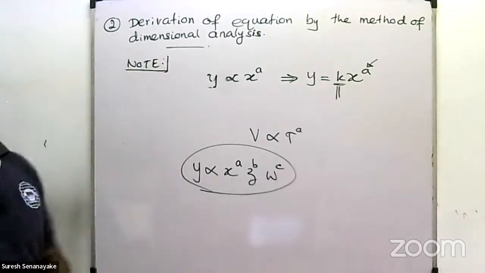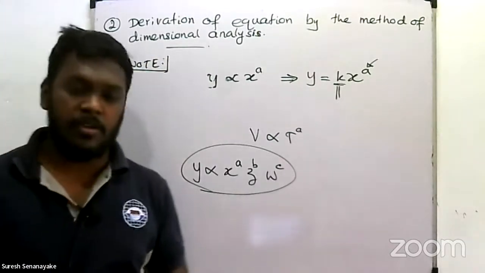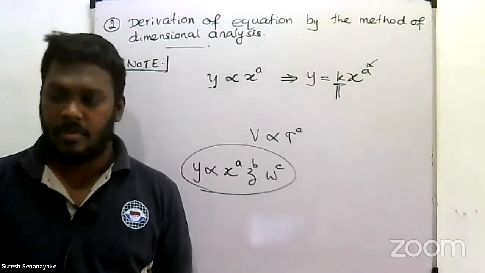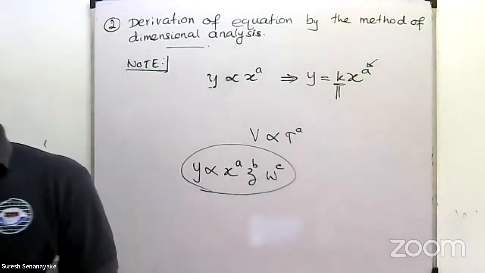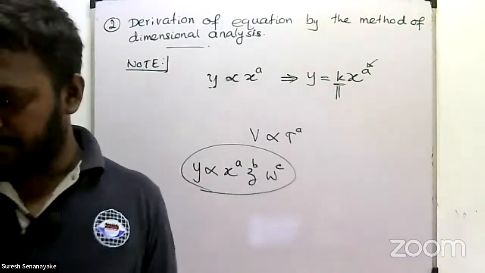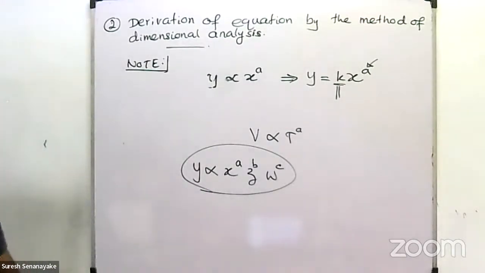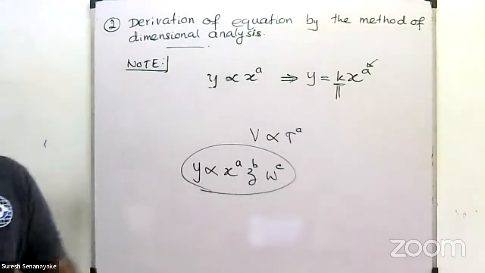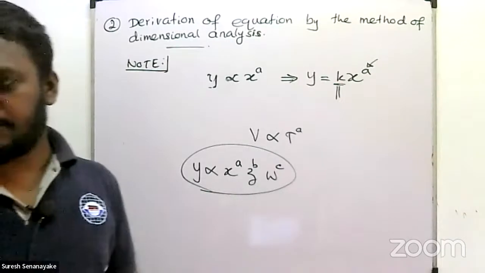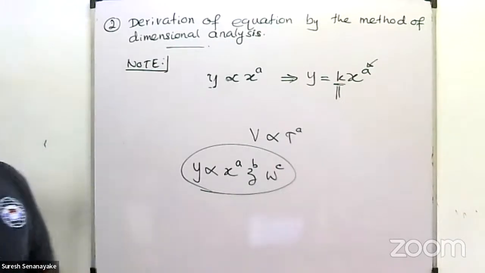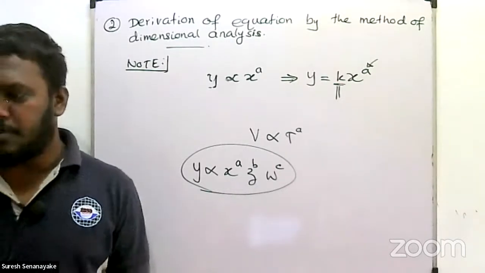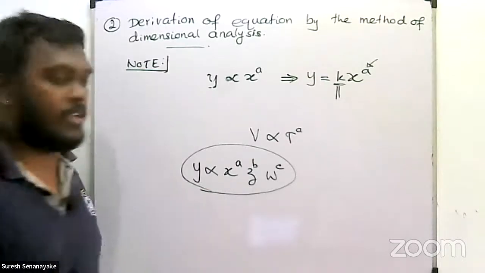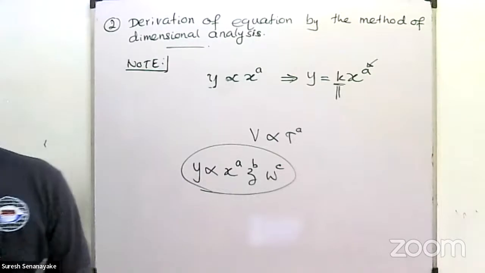Write this first. If the quantity y depends on x, it can be expressed as y is proportional to some power of x.